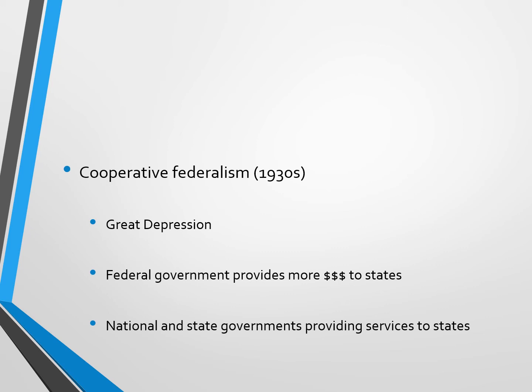The Great Depression hit a lot of people hard, and different types of laws needed to be passed to stop this from ever happening again. The federal government started providing money to the states, and this is why they call it cooperative federalism: both the national and state level governments were providing services, with the federal government sending money to the states to offer some of these services.